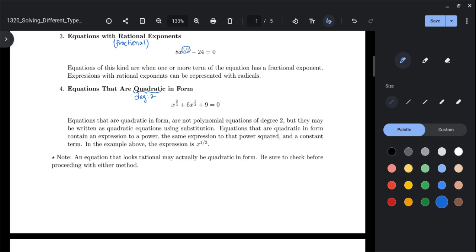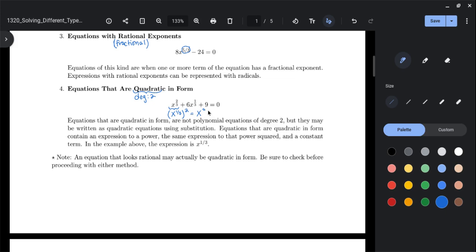And so in this case, I have an expression that can be written as something squared. If I look at this first term here, I can rewrite this as x to the 1/3 power squared. And the reason I can write it that way is because of our exponent rule. If you'll recall, when I have a power raised to a power, I am multiplying those powers.